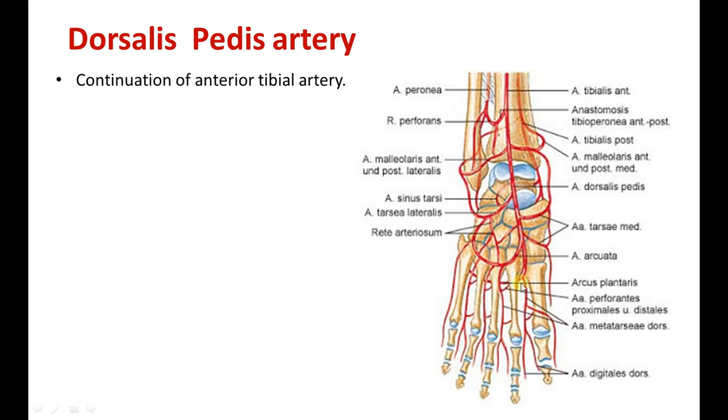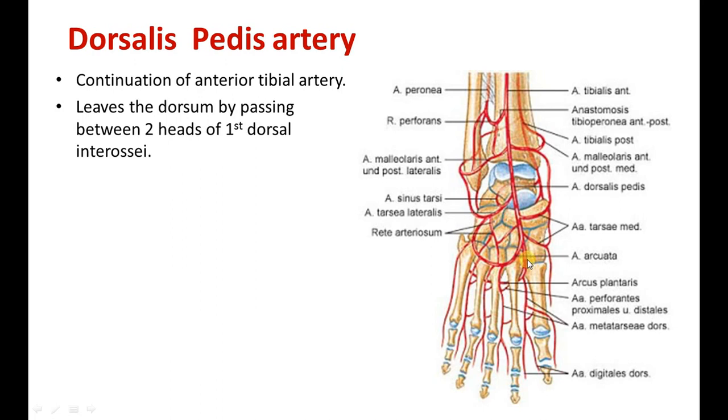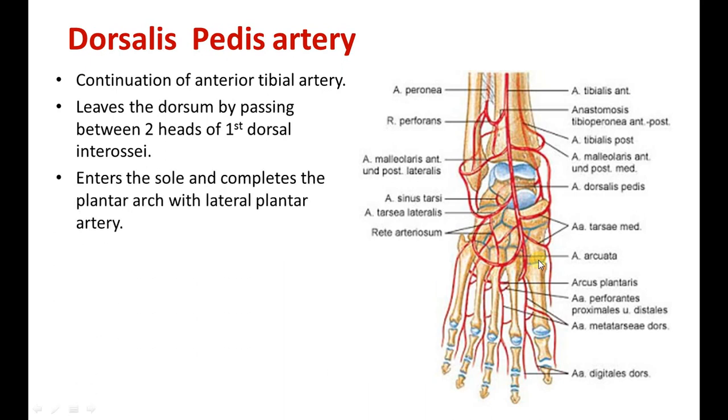It ends at the first dorsal interdigital cleft, and then passes to the sole of the foot and completes the plantar arch. Okay, it passes between the 2 heads of the dorsal interossei in the first dorsal interdigital cleft, goes to the sole of the foot and completes the plantar arch, which is actually formed by the lateral plantar artery. So thereby it is completing the plantar arch.